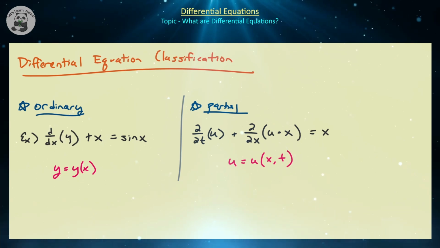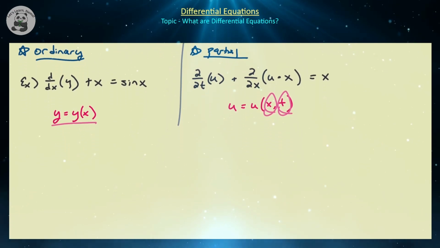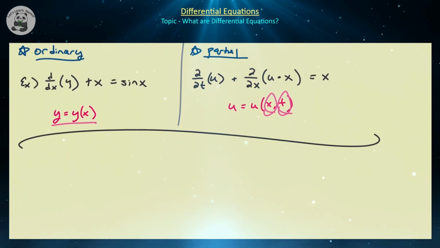So for ordinary equations, our unknown function is a function of a single variable, and partial differential equations are usually looking for a function of multiple variables, typically some spatial variables like x, y, z, and some temporal variable or variables such as time.